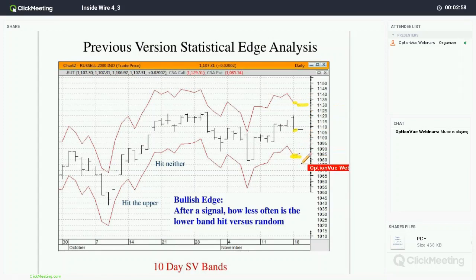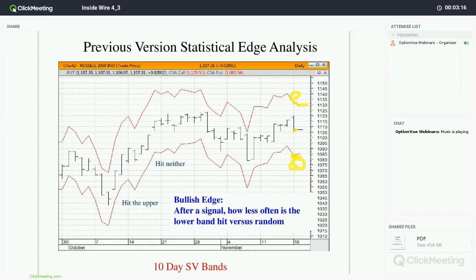After a given signal, like a bullish one where we expect the market to go up, we would want to sell premium underneath the lower band. On bearish signals, we would sell premium above the upper band.